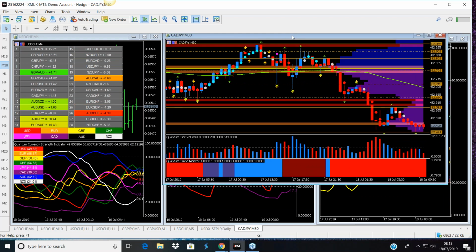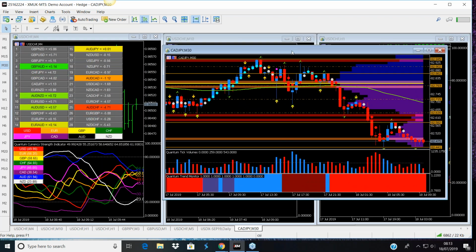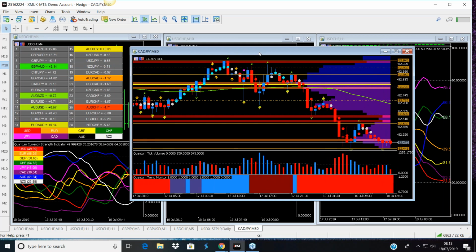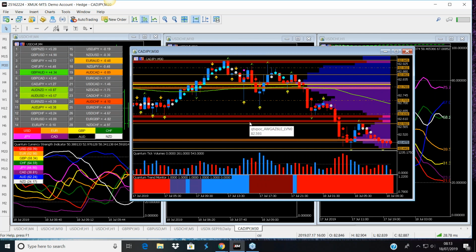And really now it's a case of being patient, and it just offered some great examples of how to use the CSI and the matrix as well, and how you would look at how you possibly select a pair or pairs to consider at the start of your trading session.